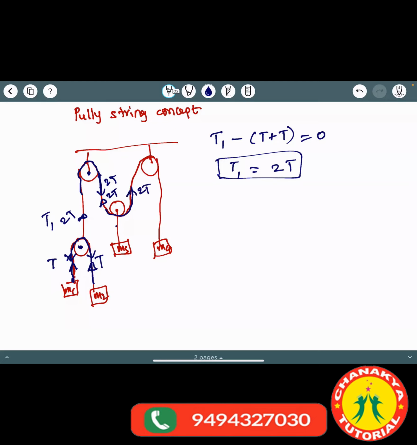That means here how much? Tell me, anyone? How much will be the tension here? Guys, 40. Yeah. Why? Because the supporting force is 40, then the opposing force has to be 40 because the net force is 0 on the pulley. If it is 2T here, what will be the tension here, Samhita?